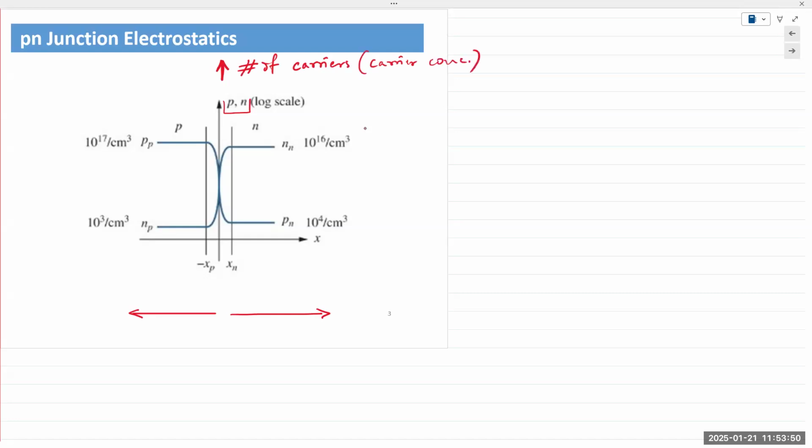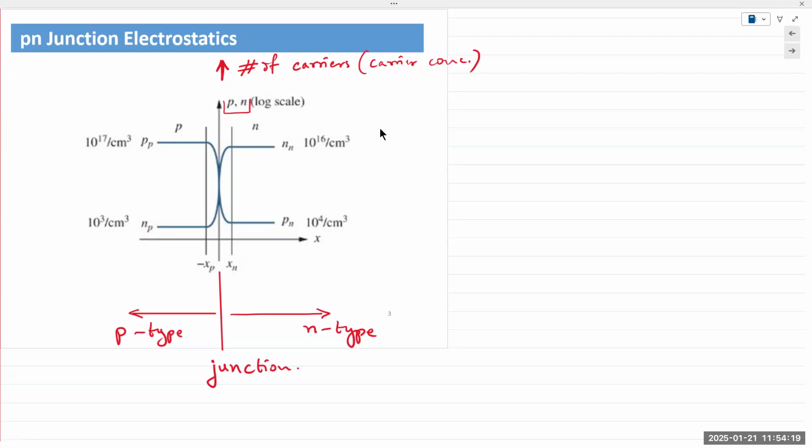Okay. At the midpoint right here, that's the junction. And this is going into the N-type material. And this is going into the P-type material. Physically going into the material.